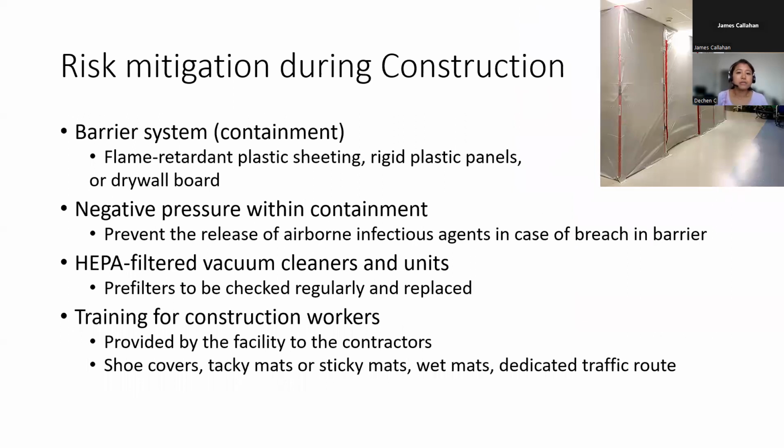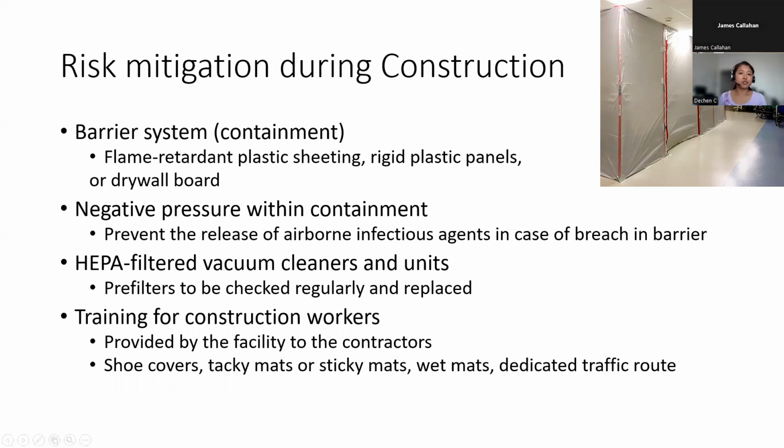So here are some of the risk mitigation strategies before and during construction or renovation work. The barrier system or containment, which is pictured here, can be created to contain dust generated during construction along with any potential infectious microorganisms. They may be constructed of flame retardant plastic sheeting, rigid plastic panels, or drywall board is also sufficient.